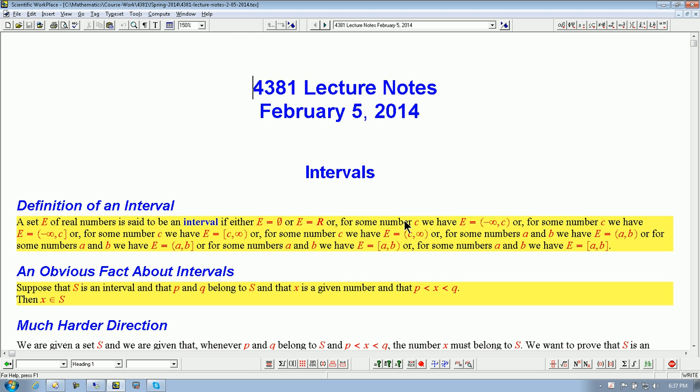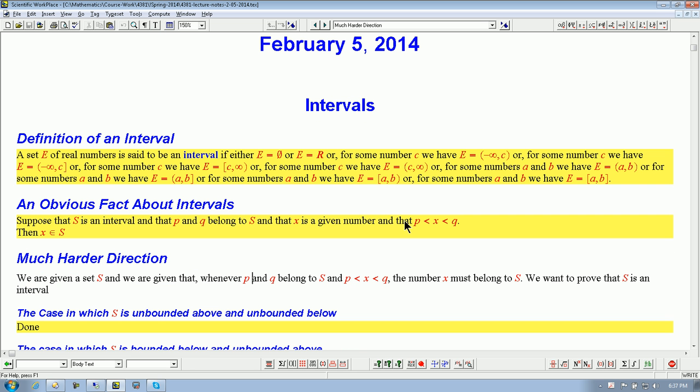Anyway, so we're coming back to where I was last time. I want to do the final case that there were a bunch of cases. Let me remind you, a set is called an interval if it's an interval. The following sets are intervals: the empty set, the entire number line.